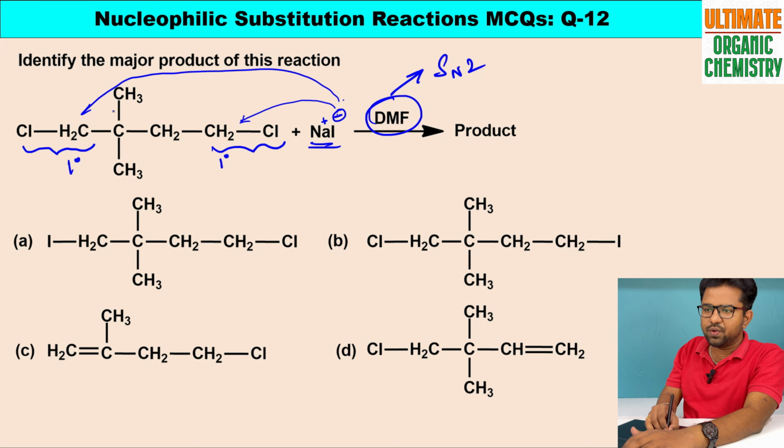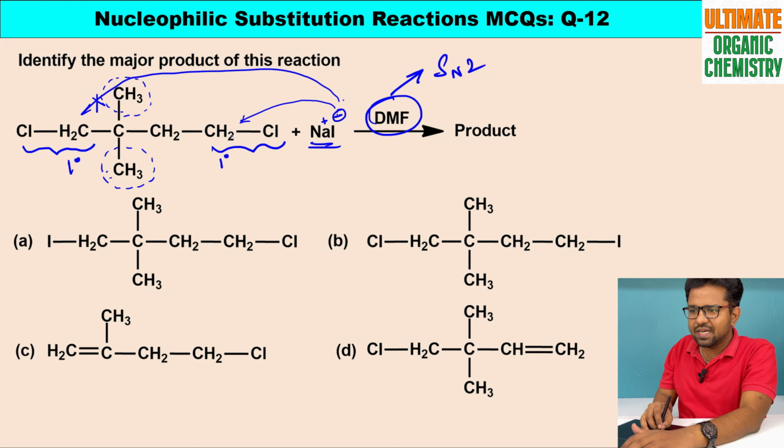In the left end you can check here, this primary carbon is connected to a carbon which has two bulky groups. So when the nucleophile approaches this left side carbon, it will face too much steric hindrance at the transition state. So it will not approach this carbon atom. Whereas at the right hand side primary carbon atom, this carbon atom is connected to a CH2 group only.